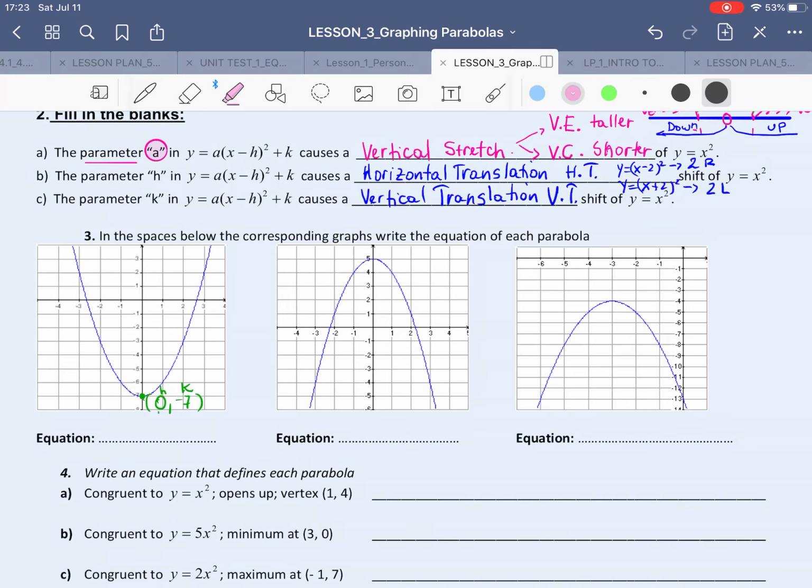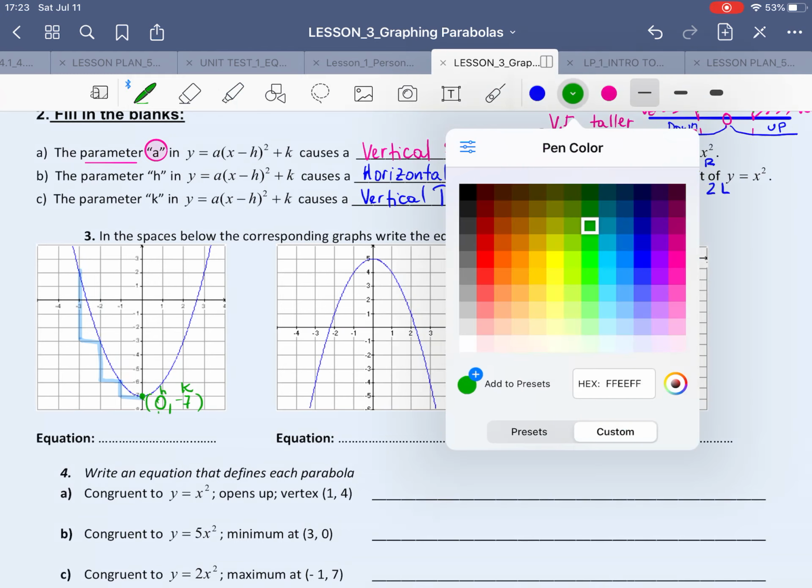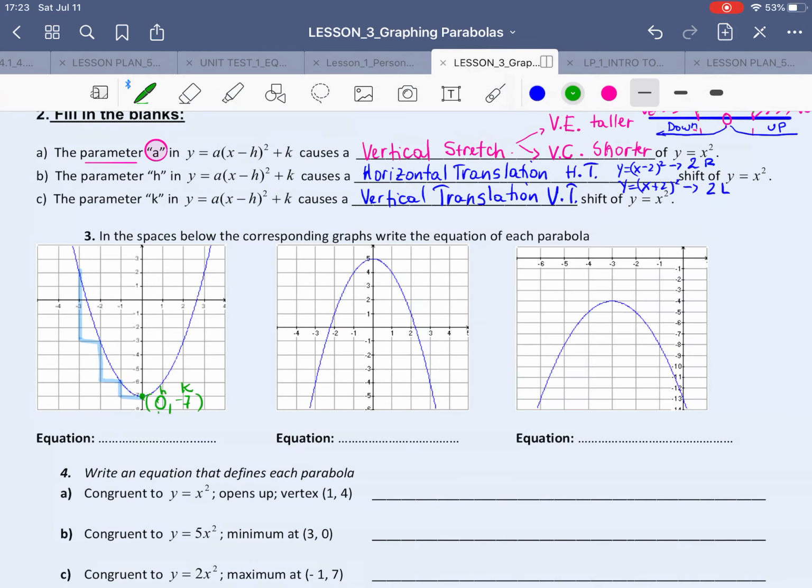The next thing we want to look at is the step pattern. And for the step pattern, we start from the vertex and we move over 1 unit. Okay? And we see if we want to get to the next point, how far do we have to go? So it looks like we're going over 1, up 1, over 1, up 3, over 1, and then up 5. So it seems that we are following the step pattern 1, 3, 5 in here.